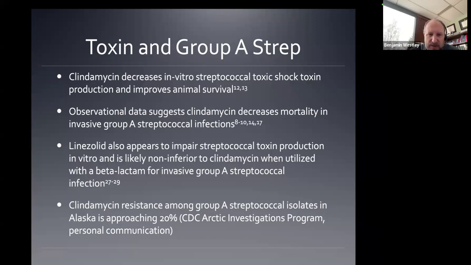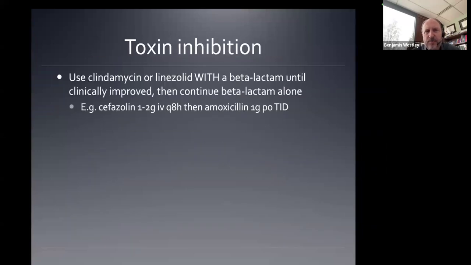Whether in vitro susceptibility correlates with response to clindamycin clinically is not entirely known, but it's counterintuitive to use a drug for a critically ill patient when there's a 20% chance that the organisms are resistant to the drug. So there has been a move towards using linezolid rather than clindamycin for severe necrotizing soft tissue infections empirically for the first couple of days.